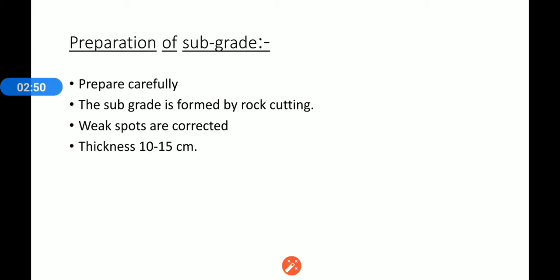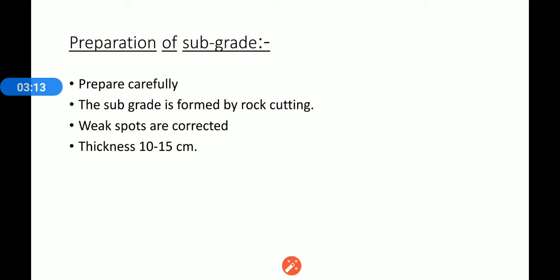Weak spots are corrected and the surface is rolled by a road roller of 8 to 10 ton weight. Water is sprinkled on the surface before rolling. The top of subgrade is finished to the required camber and grade.